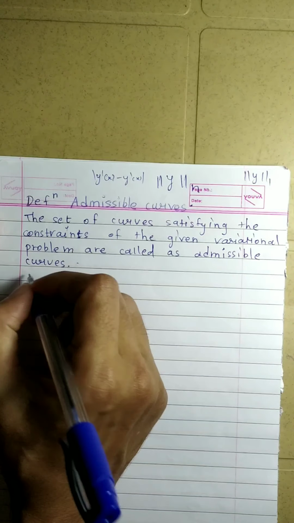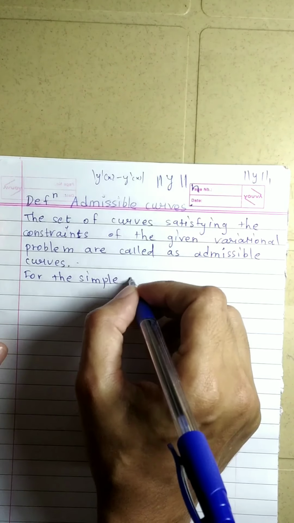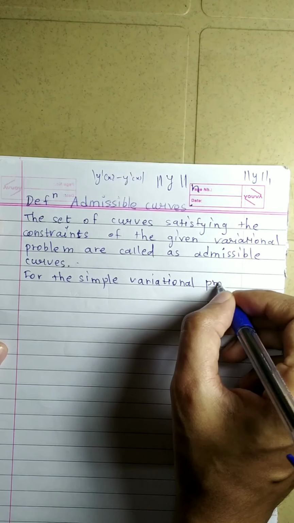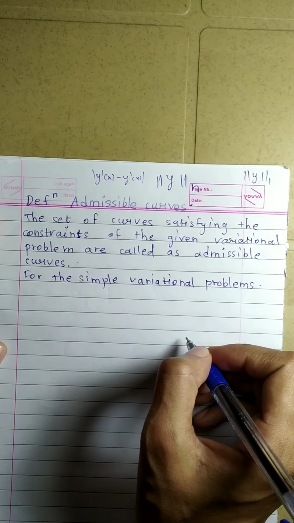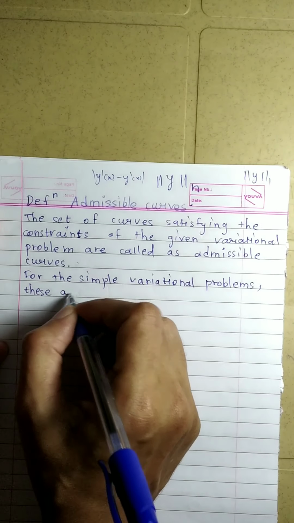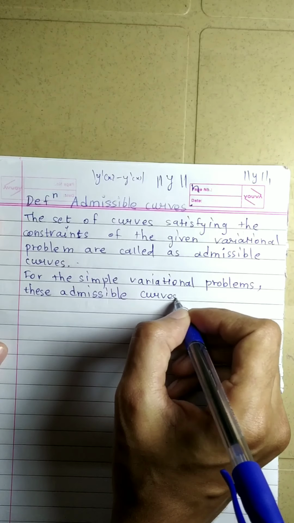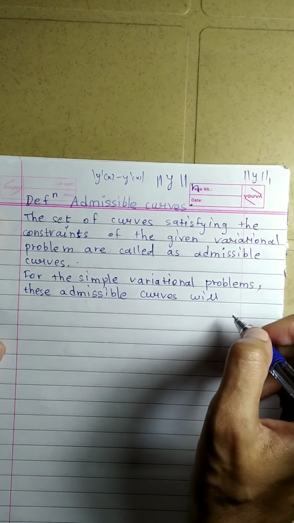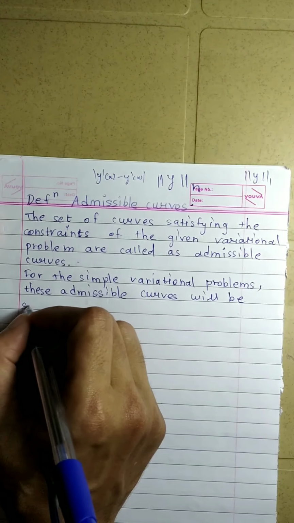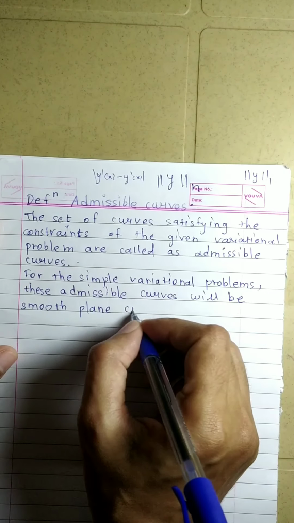Okay, and for the simple variational problems that we will be dealing with, these admissible curves will be nothing but the smooth plane curves.